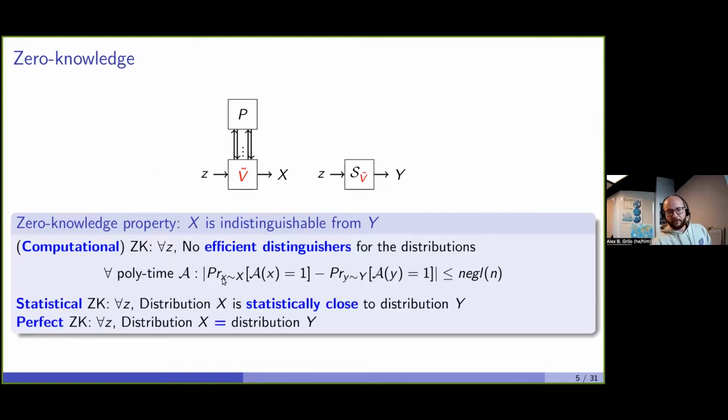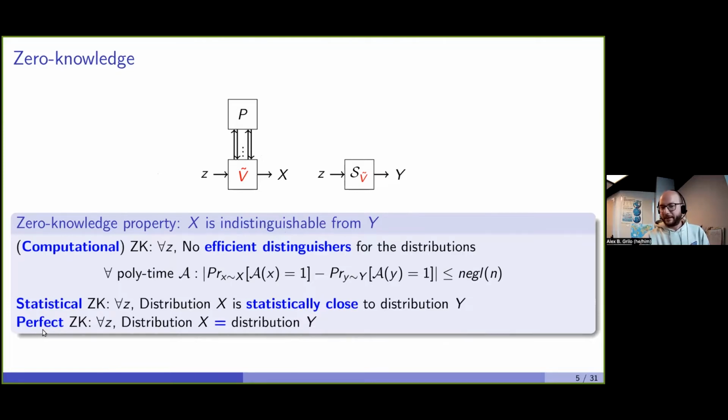Okay, so yeah, I mentioned that this is what we call computational zero knowledge, but we can have stricter definitions. For example, we can ask for statistical zero knowledge, which asks that the two distributions of the outputs are statistically close. Not only are they not distinguishable by polynomial time algorithms, even unbounded algorithms would not be able to distinguish them.